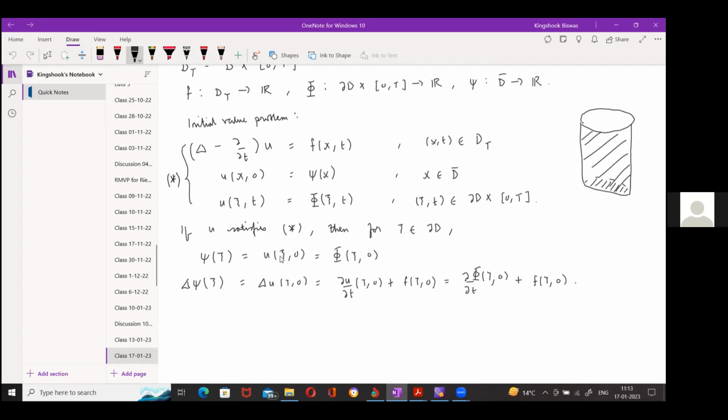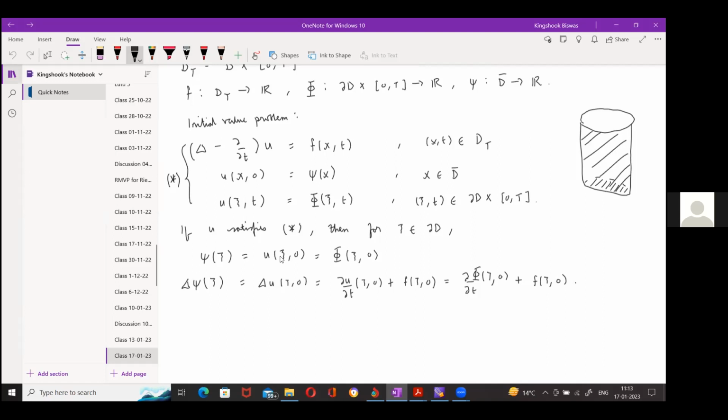And if I use this first equation, then the Laplacian of u I can write as del u/del t plus f at the point (xi, 0).